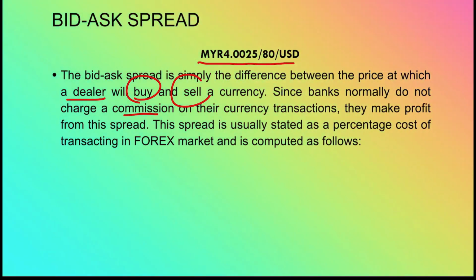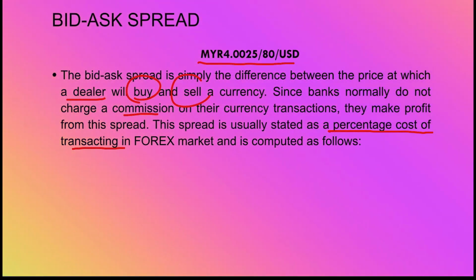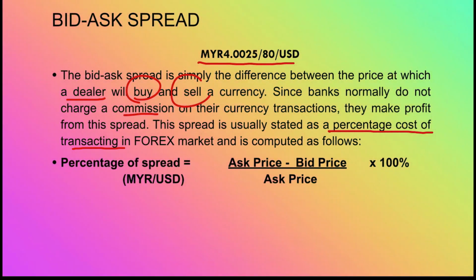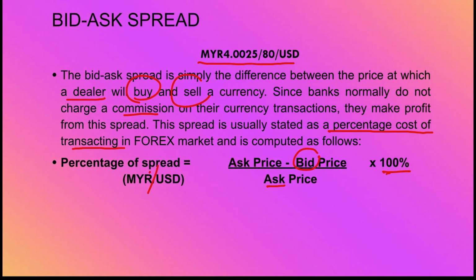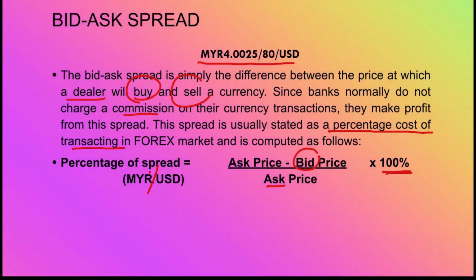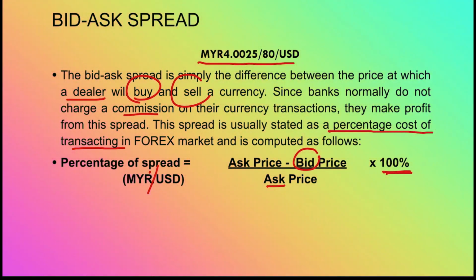This spread is usually stated as a percentage cost of transacting in the forex market and is computed as follows. The percentage of spread for Malaysia Ringgit per US dollar: the spread is the ask price minus the bid price, divided by the ask price, times 100% because the value is in percentage. By using this formula, we will calculate the percentage of spread.